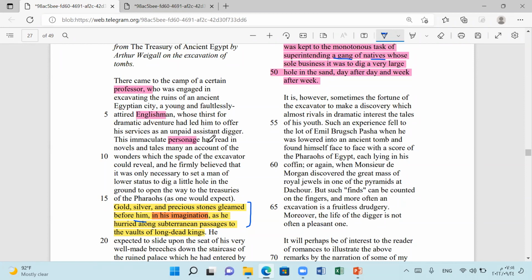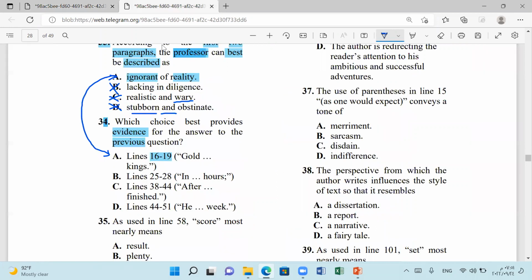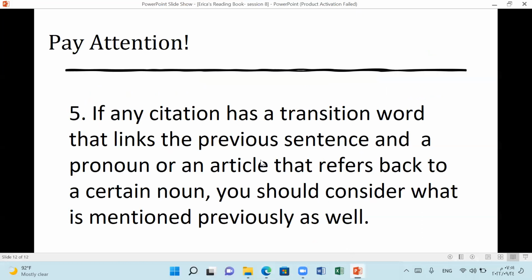Okay, and all of these sentences are talking about the same person. Okay, guys, sometimes you will not find the pronouns. Sometimes you will find what? You will find a transition word. What is a transition word?